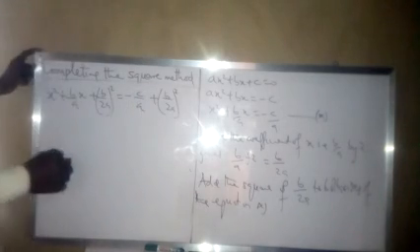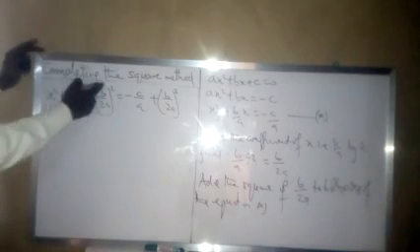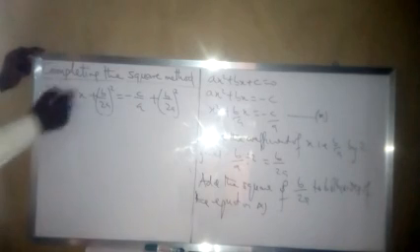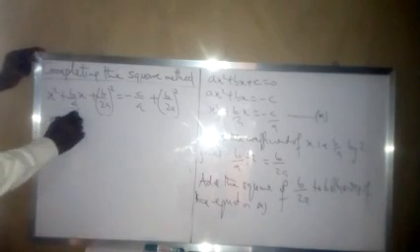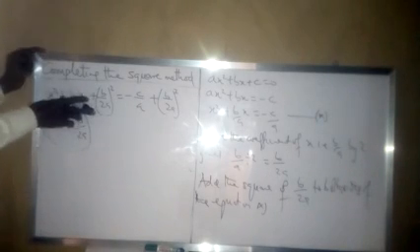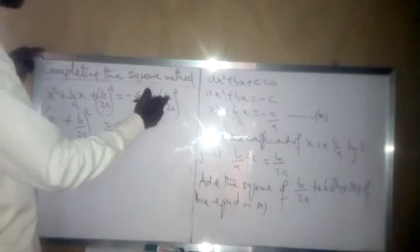Now because we are obtaining b over 2a all squared, try to find the square root of the first and the last term. So this will be x plus b all over 2a all squared. This is the complete square. On the right, we have minus c all over a plus b squared all over 4a squared.